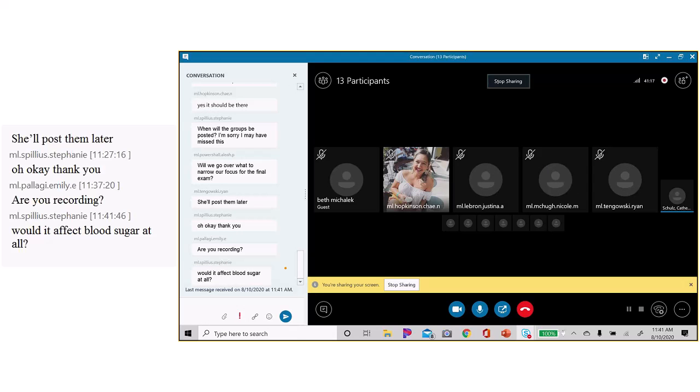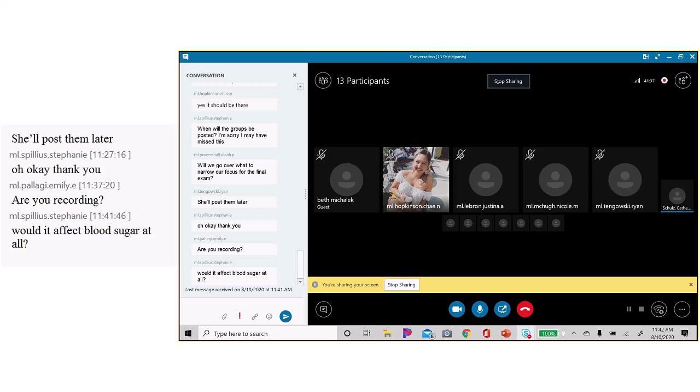Yes, it will affect the blood sugar too. So in general, the patient is going to need extra medications to deal with the aftermath of the mannitol. They'll probably get a sliding scale insulin dose, and they might get Lasix to help get rid of the extra fluid.